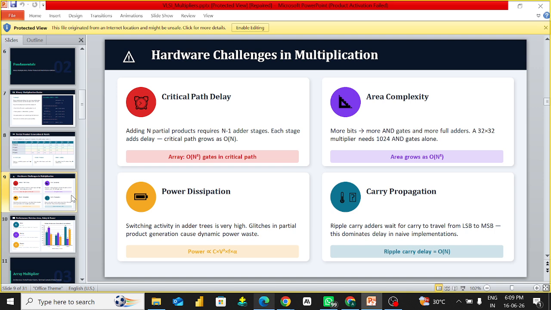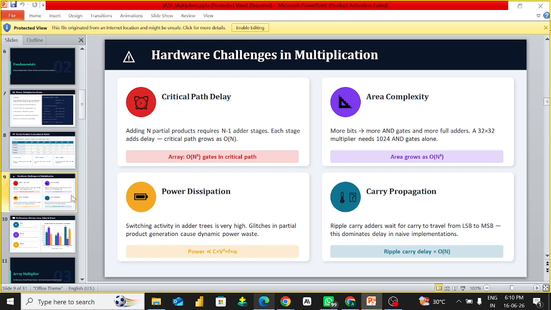So what are the hardware challenges inside multiplication? Okay. Now let us understand why multiplier design becomes difficult. Okay. So challenge one is delay. Why does delay occur? Just think. To say it in simple words, because of addition. I said right, inside addition, carry is going to be generated and propagated, right?